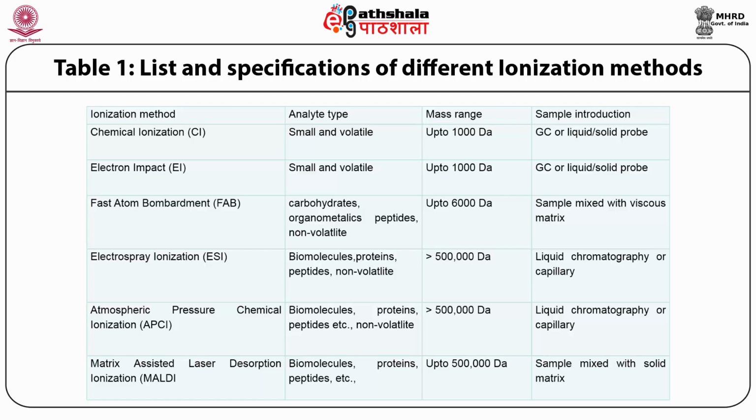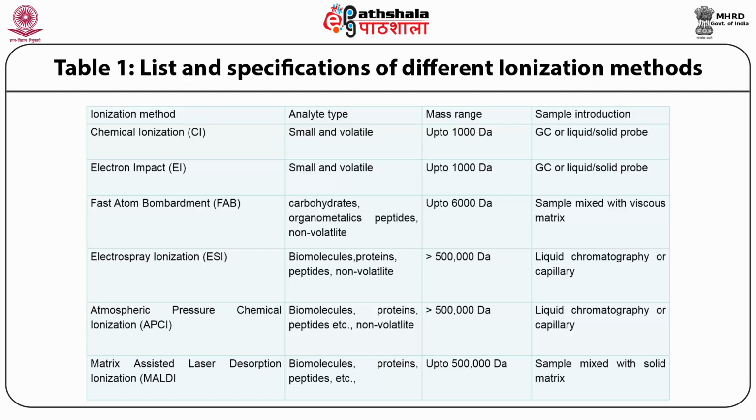The electrons are used for bombardment of the gaseous phase molecules, and because of this, molecular ions are produced. While fast atom bombardment is used for ionization of non-volatile compounds.